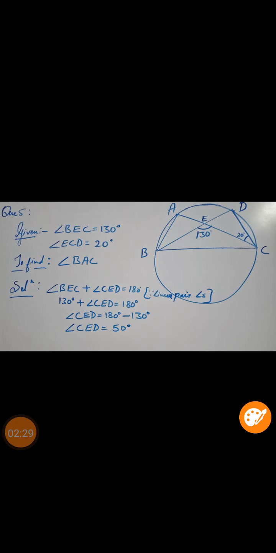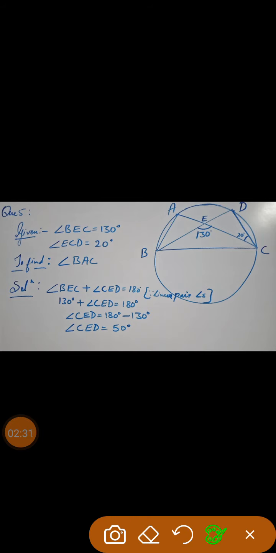Now how to find this angle? Firstly we write whatever is given in the question. It is written here like this. Then what we need to find? Angle BAC. Now see, in this figure we can see these two angles, BEC and CED. BEC is given and CED means this.